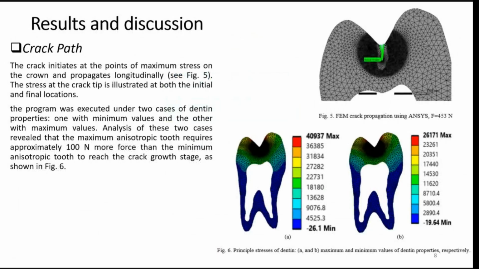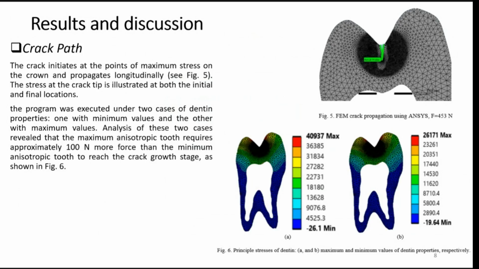In results and discussion, the crack initiates at the point of maximum stress on the ground and propagates longitudinally. The stress at the crack tip is illustrated at both the initial and final location. The program was executed under two cases of dentin properties, one with the minimum values and the other with maximum values.